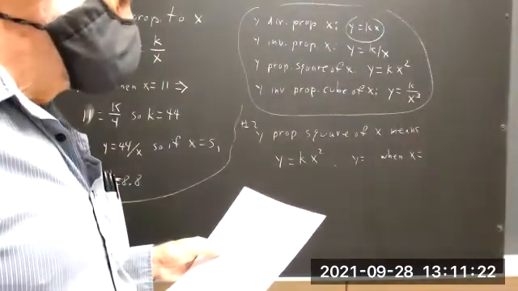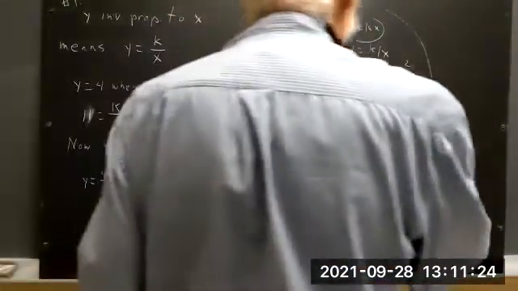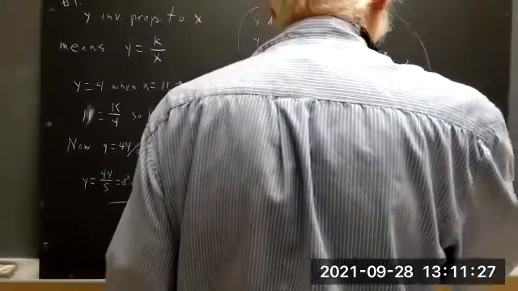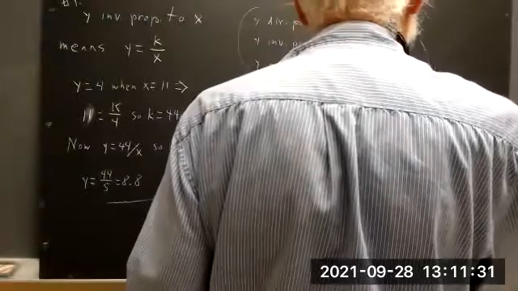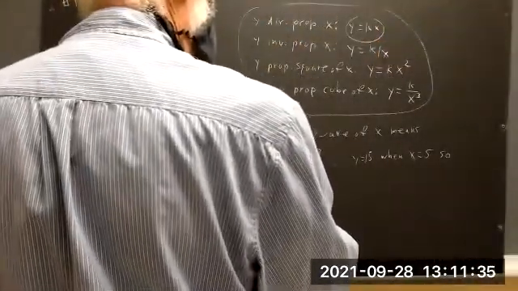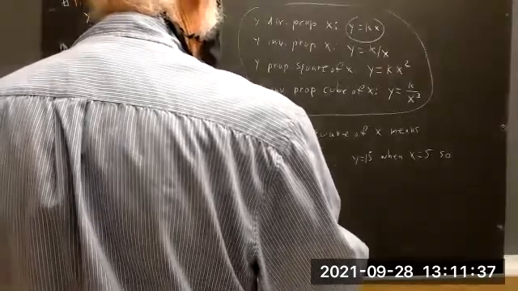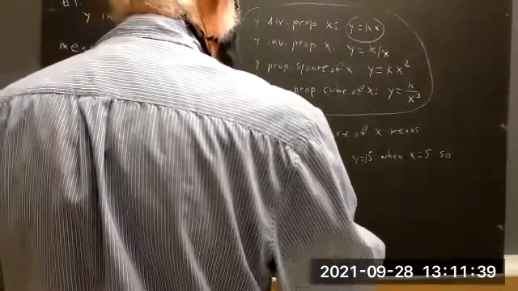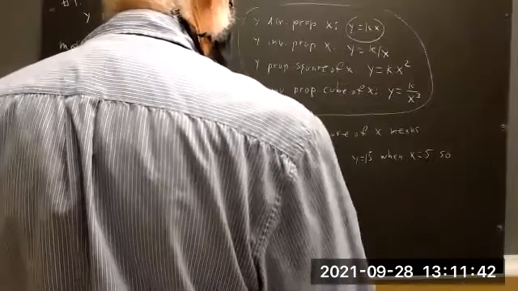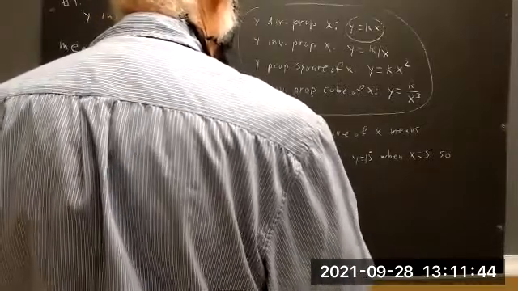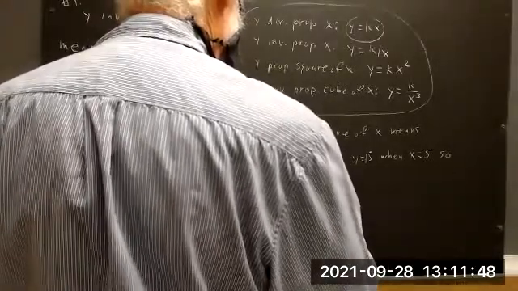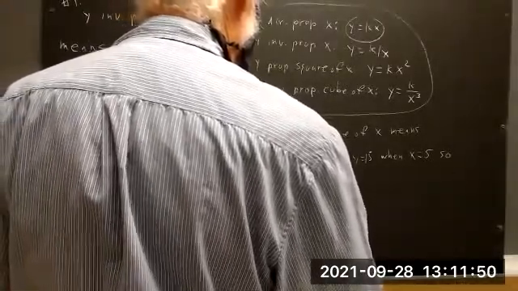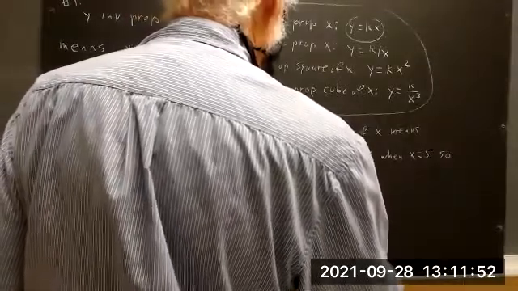And in this case, y is 15 and x equals 5. So 15 equals k times 5 squared. 15 is 25k, so k is 15 over 25, which is 3/5.